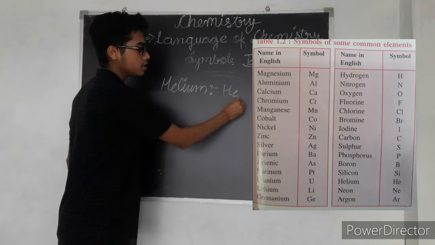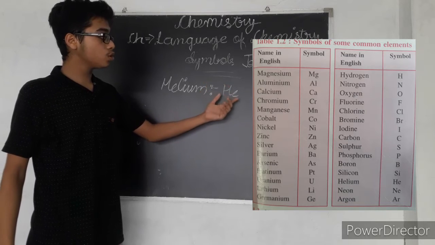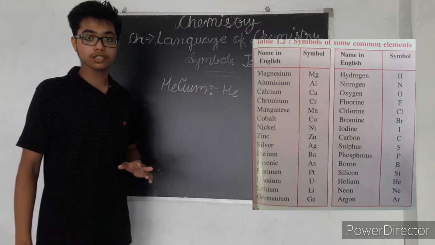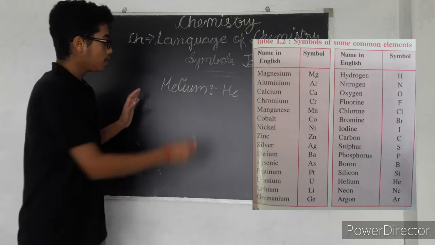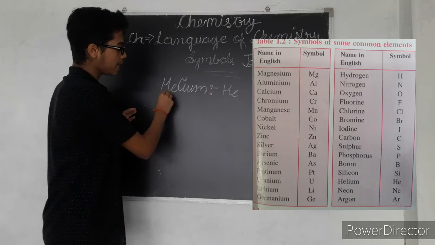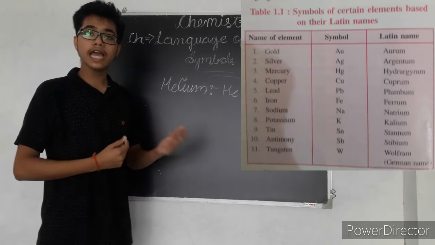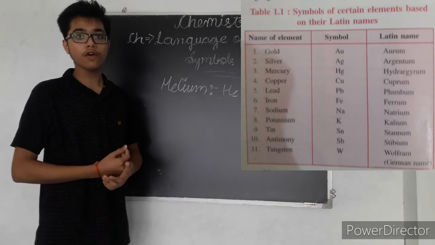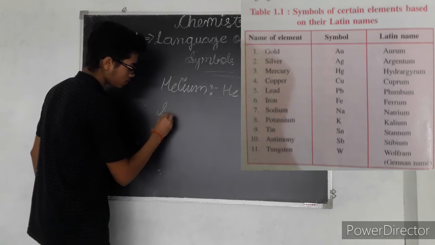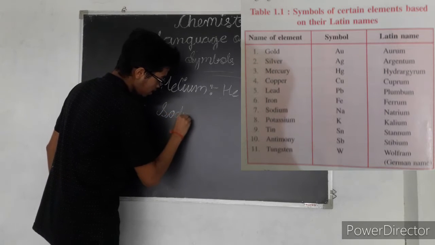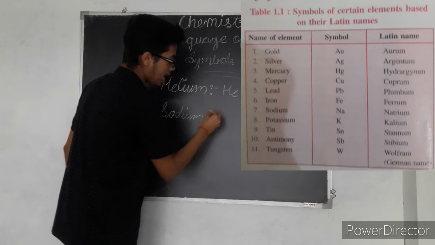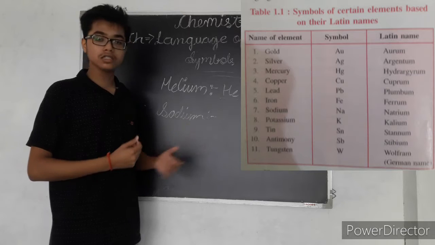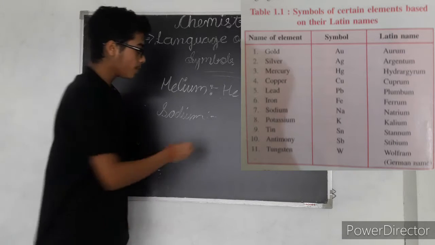So it can be two letters also. In the case of hydrogen, the symbol is H, the first letter. The symbol of helium is He, two letters, and it can be the first or second letter of the Latin name of the element, like sodium. Sodium's Latin name is natrium. So its symbol is Na.